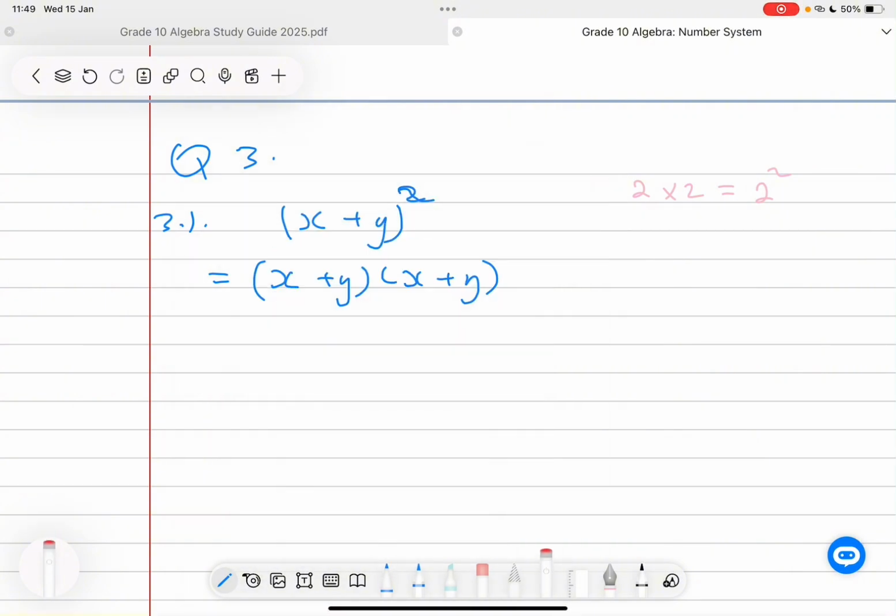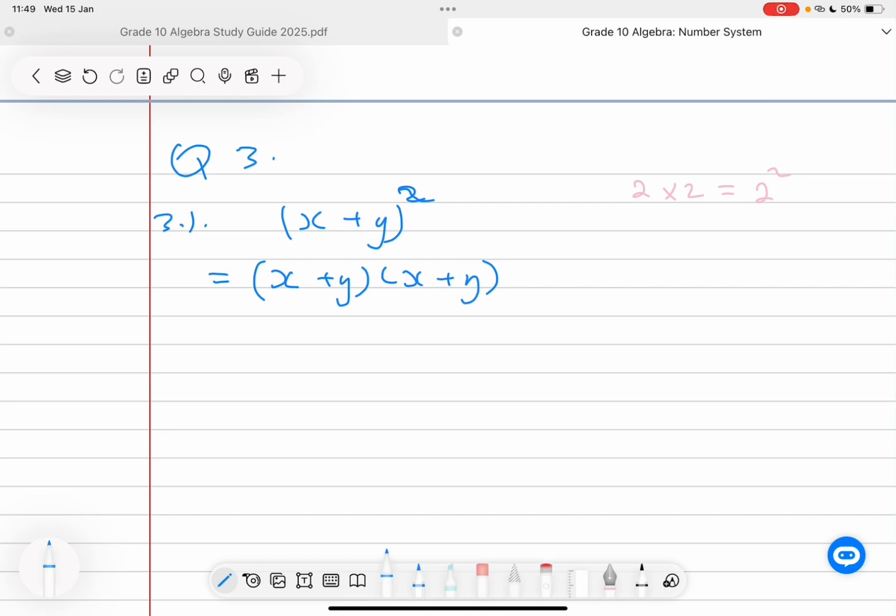Now, when this number is in this form, it looks like a product of a binomial by a binomial because I'm multiplying 2 binomials by themselves. What we've been doing in the previous question, question 2.